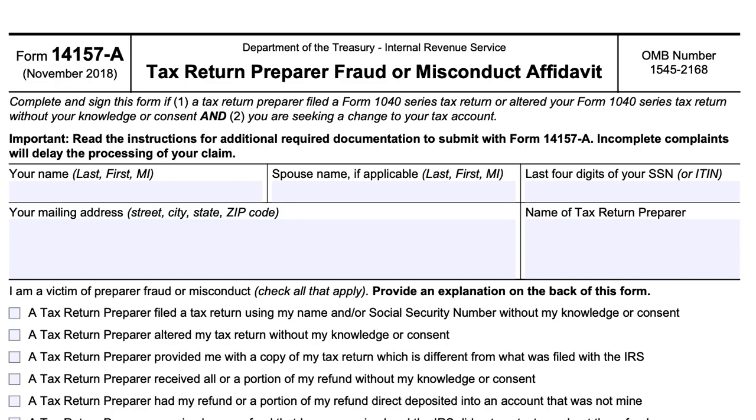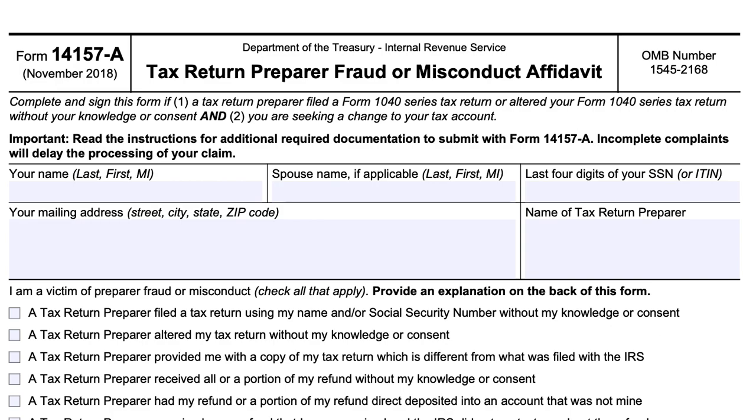The first thing that you should know is that this might not be the correct form for you to file with the IRS depending on your circumstances. So you should only use this tax form if two things happened. One, your tax return preparer filed a Form 1040 income tax return or altered your income tax return without your knowledge and consent.